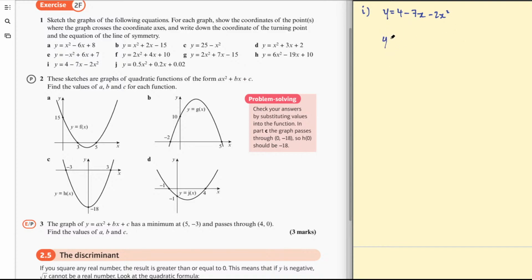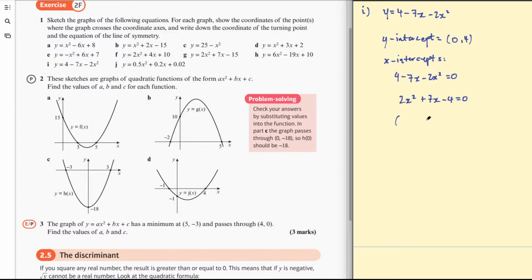Firstly, the y-intercept is equal to (0, 4), just that constant. The x-intercepts are when this equals 0. And I like to divide through by -1 so that I have a positive here. So both of those negatives become positives, and then I have a -4 on the end.